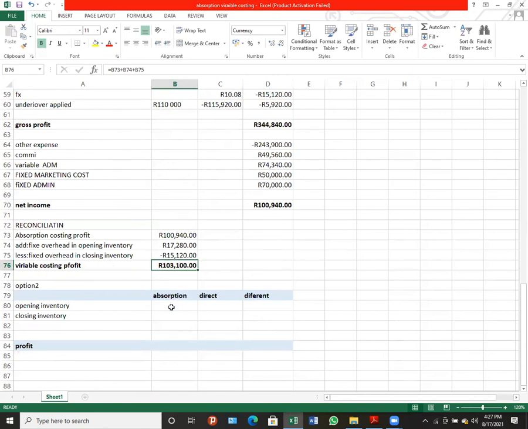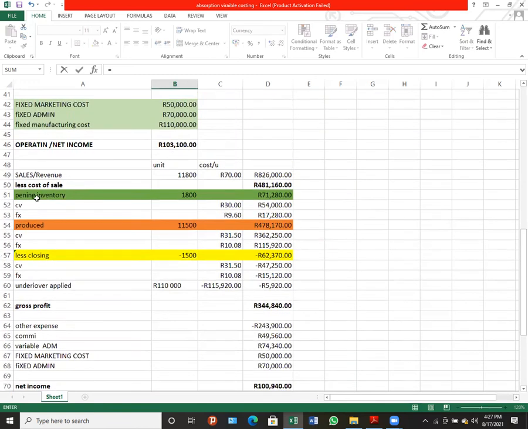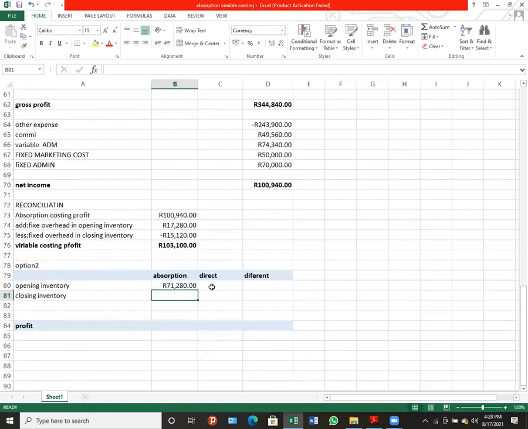And then here, guys, is option 2. It is copy and paste, guys. Absorption opening inventory. Here is the absorption costing, and then here is the direct or variable.